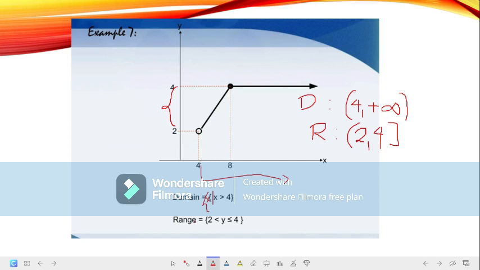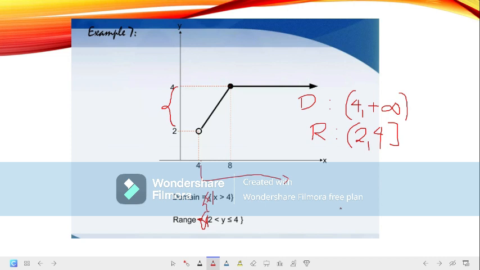Then for the range, we have the set of all y's such that y is greater than 2 but less than or equal to 4. Okay, I think we have enough examples already.